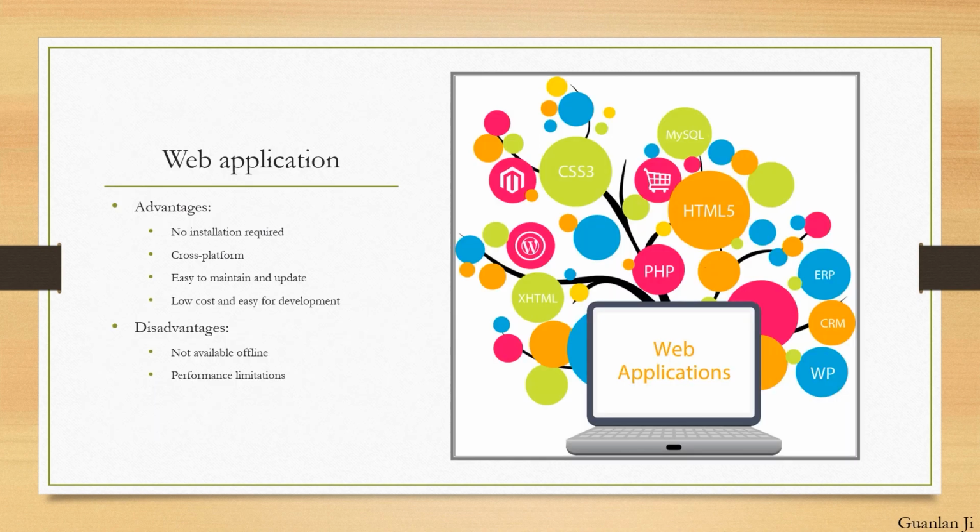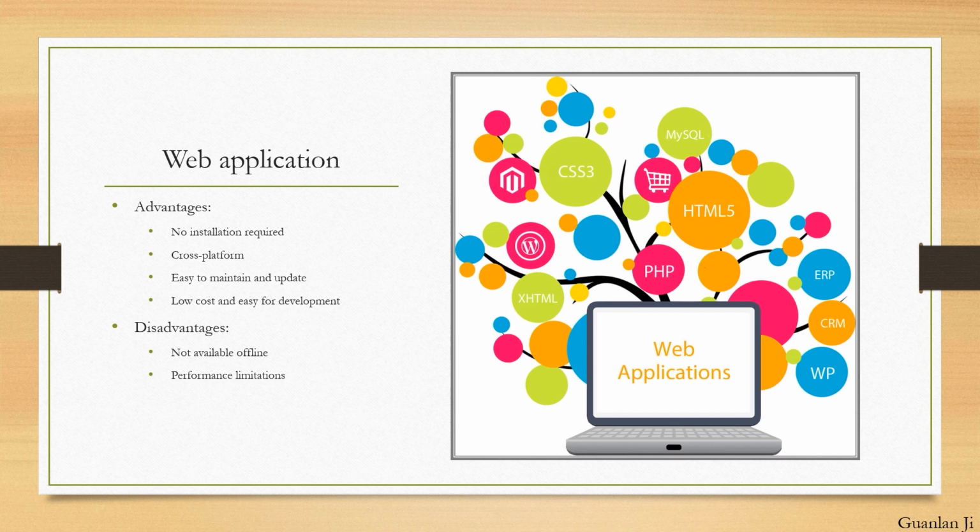Concluding with the web app, it is usually accessible on any device with a browser and does not need installation in advance. It is also easier for our administrator to maintain or update the application, as they only need to update the version on the server side. Also, it is convenient for the developers to develop and deploy.